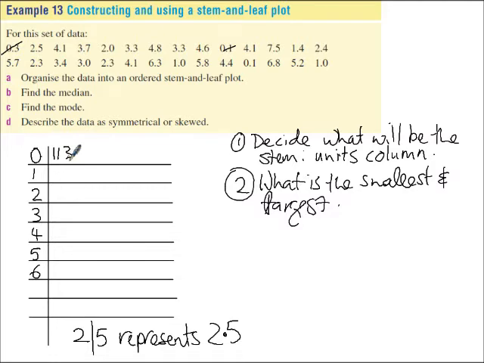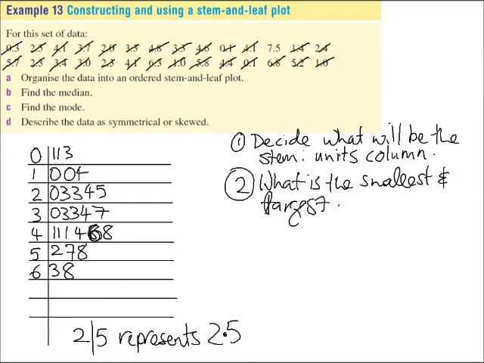Let's go to the 1s now. So I've got 1.0, that'll be the lowest. 1.4, another 1.0. And 1.4. Okay, I'm just going to pause this and I'll do the rest of the stem and leaf plot so you don't have to sit through it.